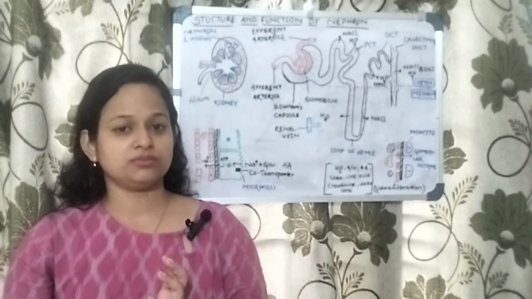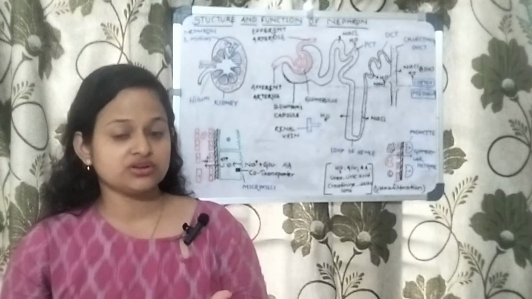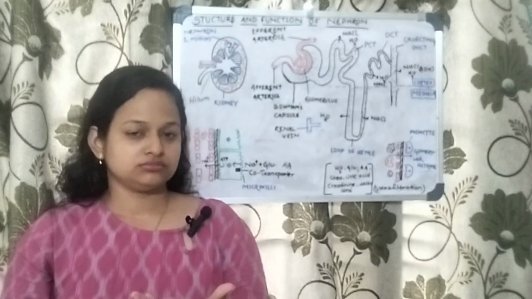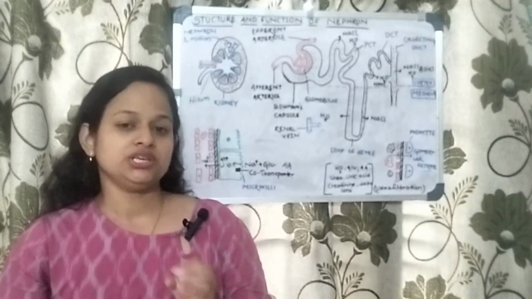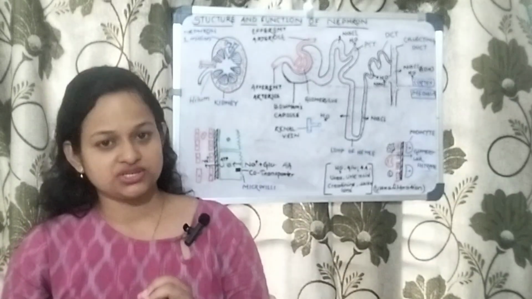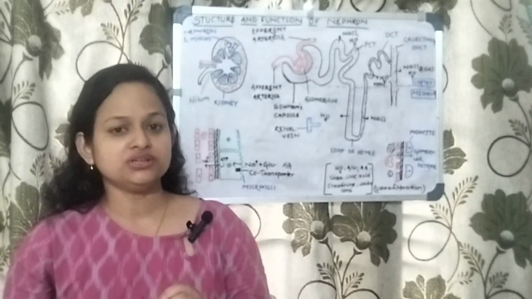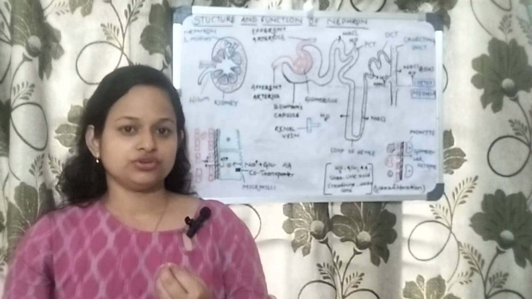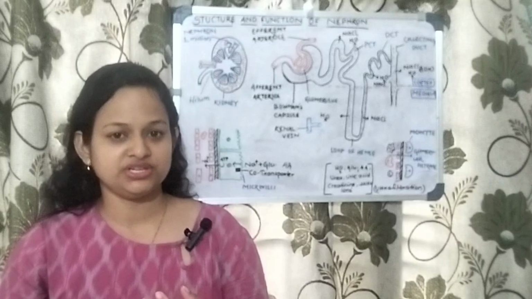There may be bile salts, bile pigments, glucose, ketone bodies, etc. If we detect these substances in urine, then we should go for pathological treatment.